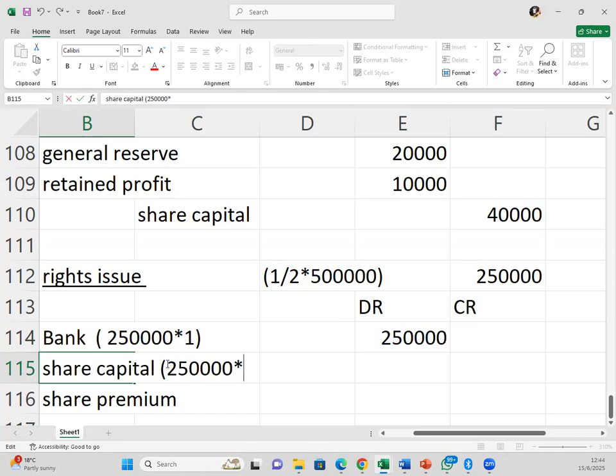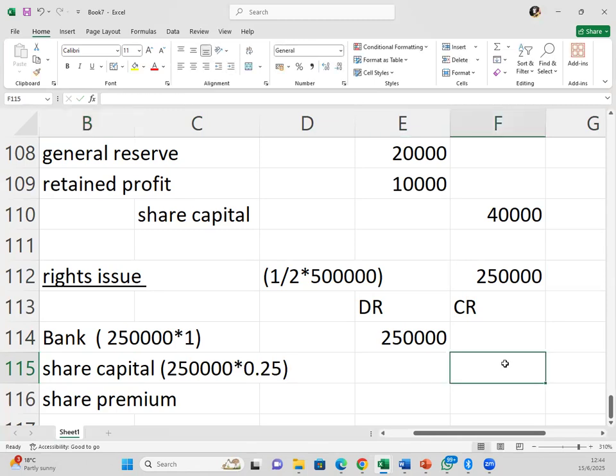What was the par value of each share? 25 cents, yes. So this becomes 250,000 times 25 cents.